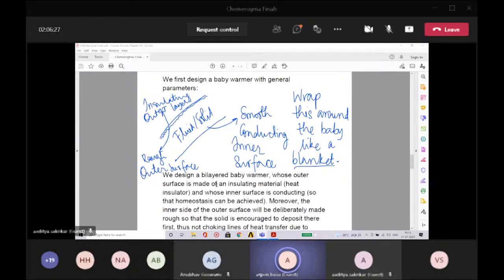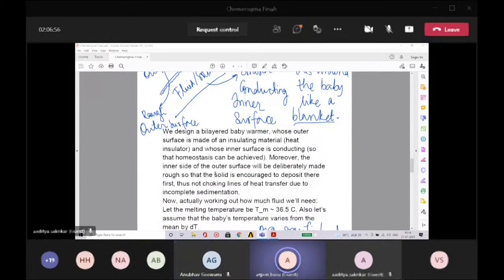Based on those lab results, we can find out methods for prolonging this liquid's shelf life. And as for the jagged thing, it is basically rough, so it will encourage those solid particles to settle there. So this is a design feature which will enhance the liquid's shelf life.